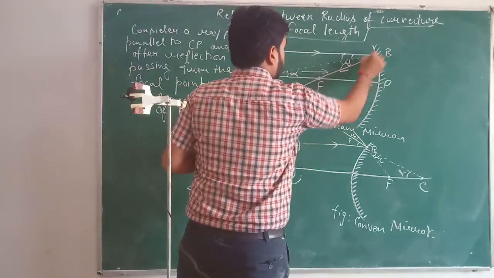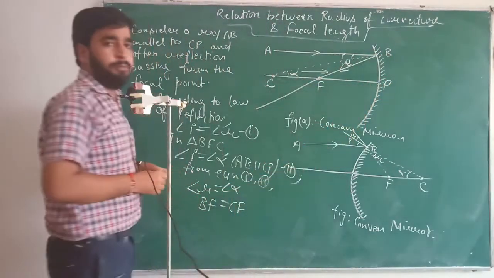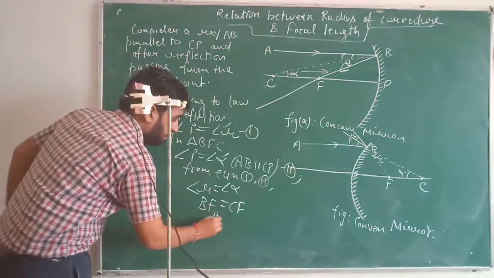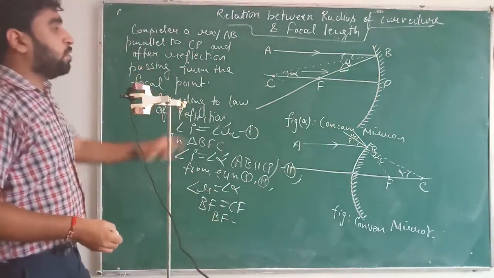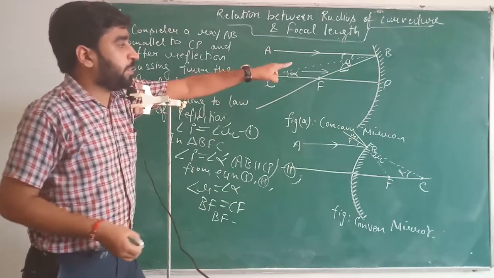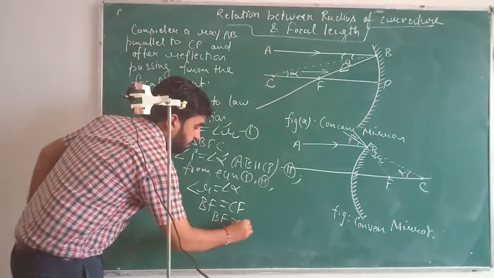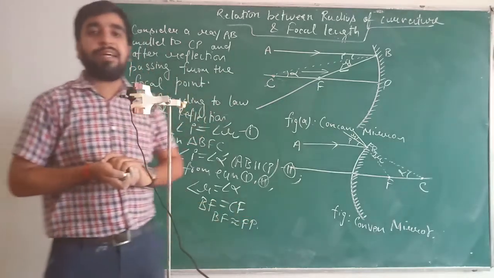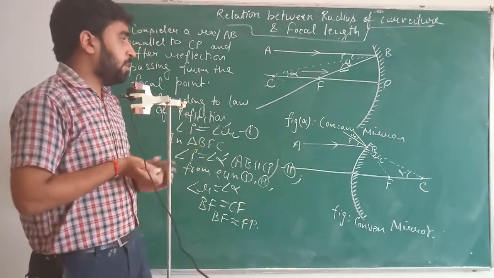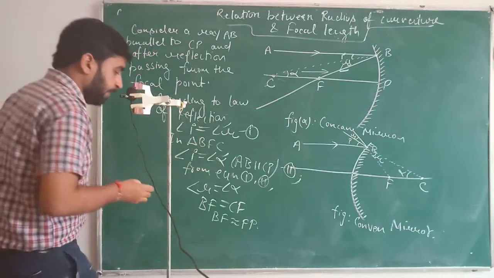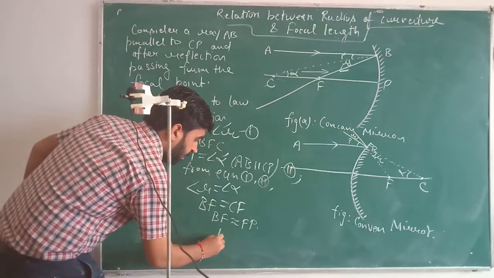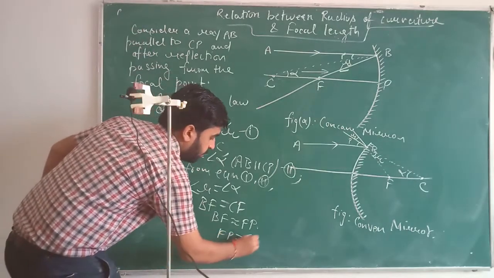BF is almost equal to FP. Why? Because we have considered that the mirror has a small aperture. So by this we can see FP is equal to CF.